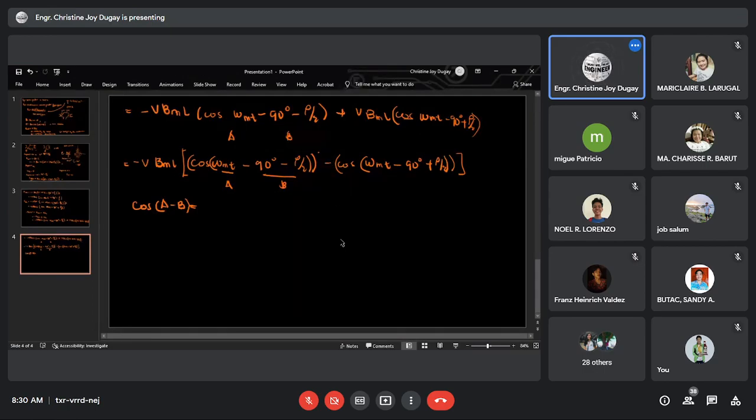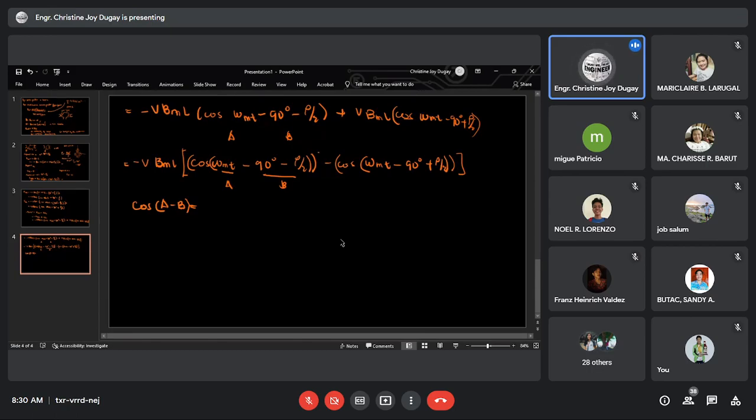So, let's go back with your trigonometric. No, I'm not going to discuss how it's been derived. Pero, ito kasi minememorize na namin dati, no? If I'm not mistaken for cosine, this is sin, cosine or cosine?